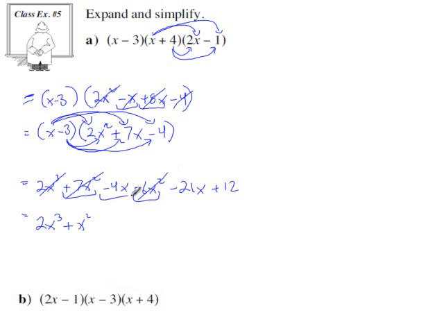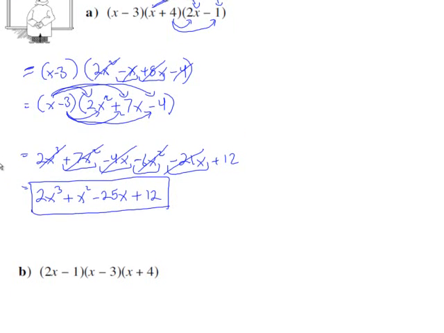Then you have a negative 4x minus 21x. So negative 4x minus 21x is negative 25x. Then you have a positive 12. Okay, you can't combine any more like terms, so this should be your final answer. 2x cubed plus x squared minus 25x plus 12.